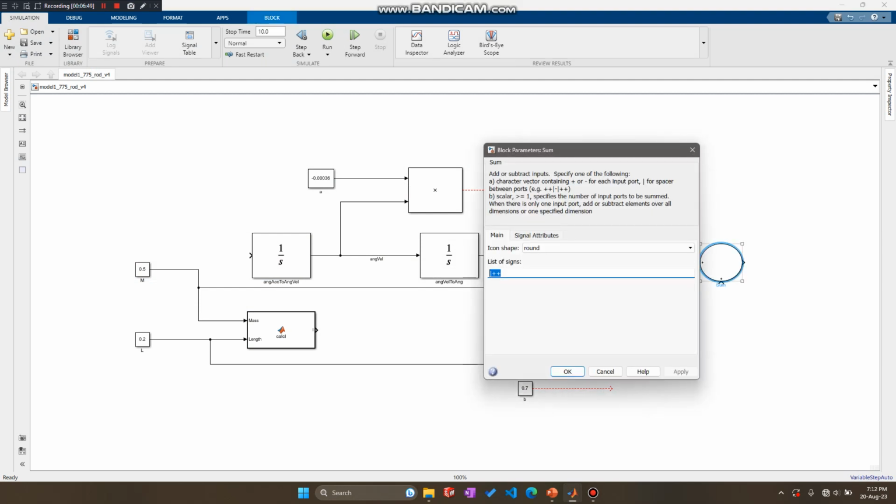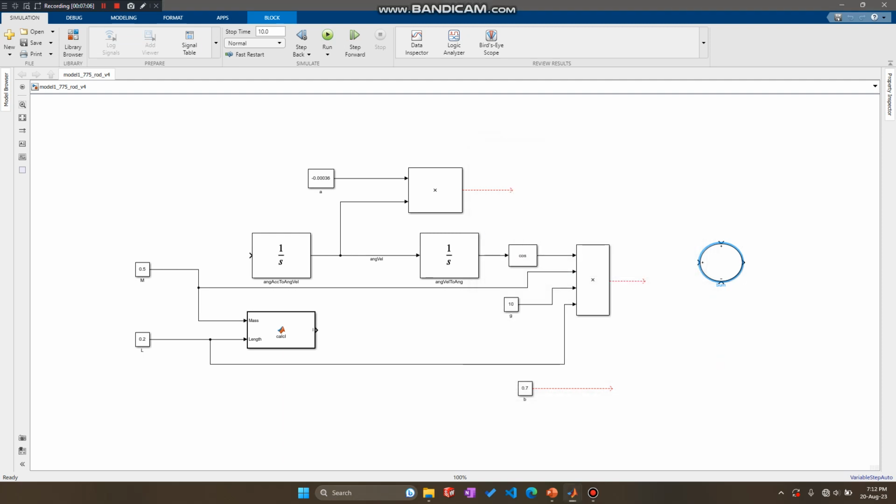How I do it is I erase what's already there on the list of signs. I need two additions and a subtraction. Right? That's what I use for such a requirement, and I apply it. So the output of this block would be the sum of what's in these two ports minus what's given to the third port.